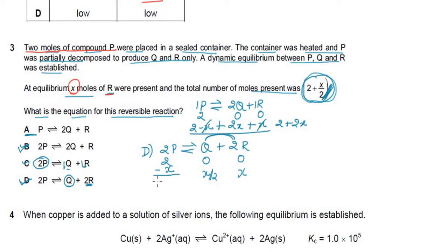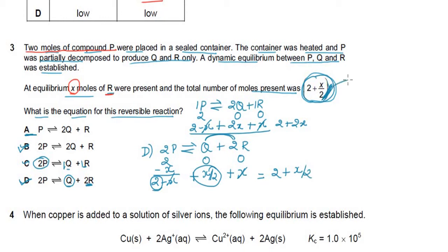So P will be 2 minus X moles at equilibrium. Now if we add all this to find the total moles, we can cancel out minus X and plus X, and we are left with the total moles of 2 plus X by 2, which is our answer.